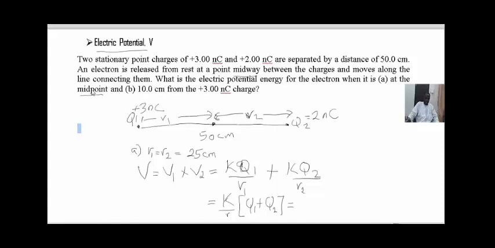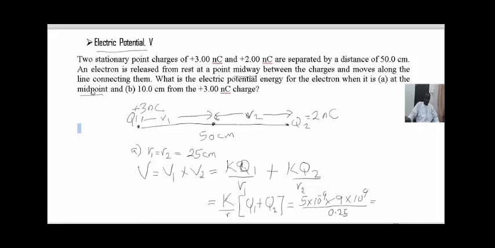Putting these values together, we sum the two charges: 3 nano plus 2 nano gives 5 times 10 to the power minus 9, times K, which is 9 times 10 to the power 9, divided by the distance 0.5 meters.